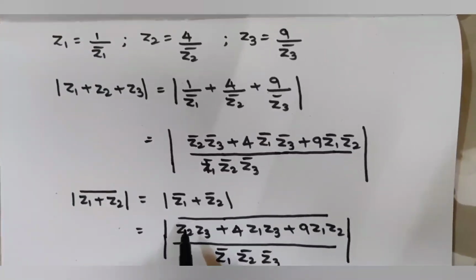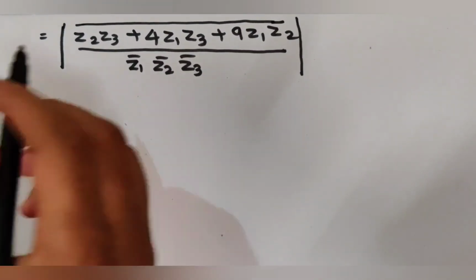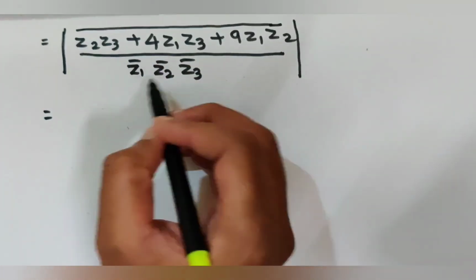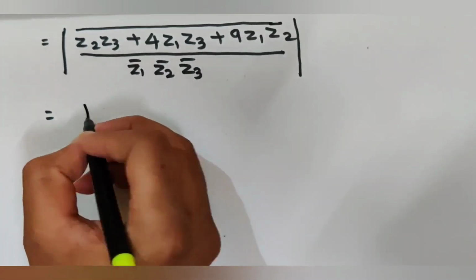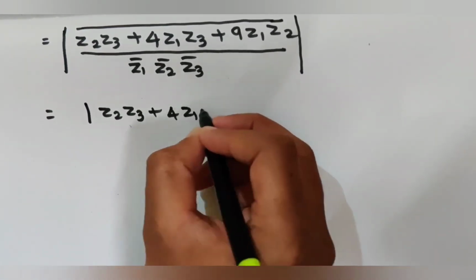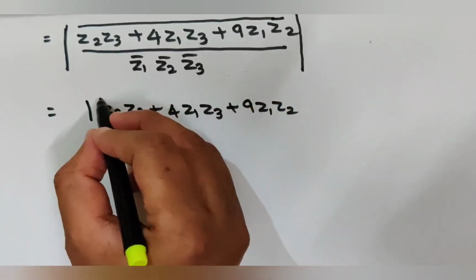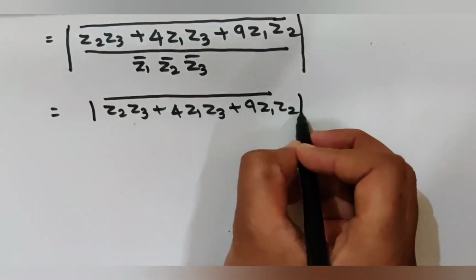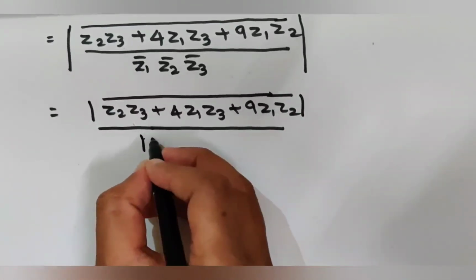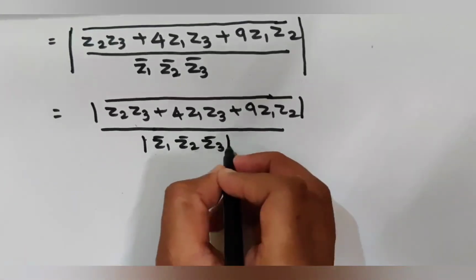Now take the modulus for the numerator alone and the denominator alone. So modulus of z2 z3 plus 4 z1 z3 plus 9 z1 z2, the whole bar, divided by modulus of z1 bar, z2 bar, z3 bar.